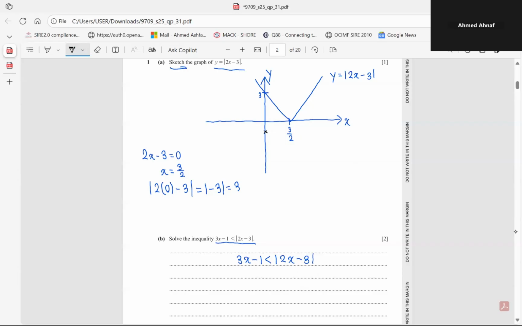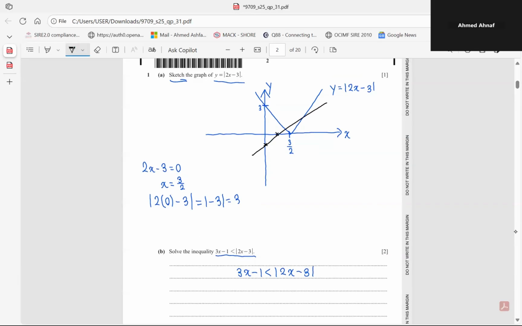And then the y-intercept would be -1, so something like this. Since the gradient of this line is 3, because the coefficient of x is 3, this line would be steeper than our modulus curve. So all in all, it should look something like this. As you can see from a rough sketch, there would be 2 intersection points. And so to solve this inequality, we're going to have to find these 2 points.